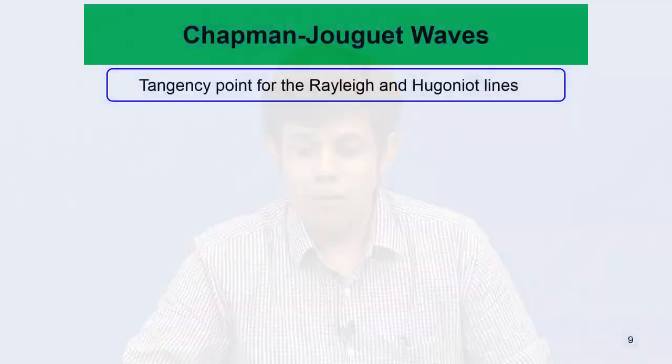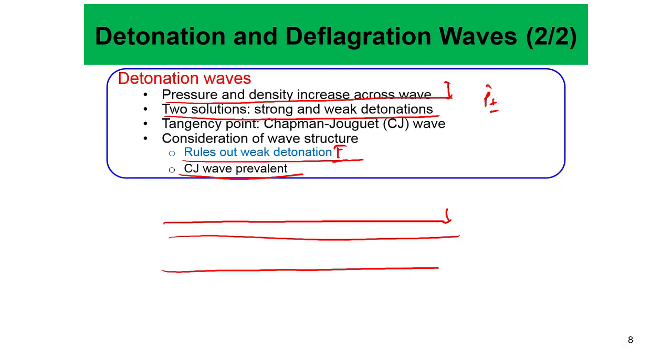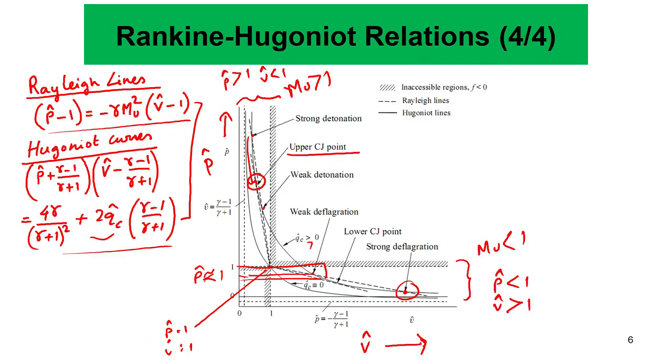Okay. So now the Chapman-Jouguet detonation points you will see, and that is the tangency point. So we have basically two Chapman-Jouguet detonation points. Just erasing these things. So these are the two Chapman-Jouguet detonation points, this and this. Okay, so this is the upper CJ point and the lower CJ point.